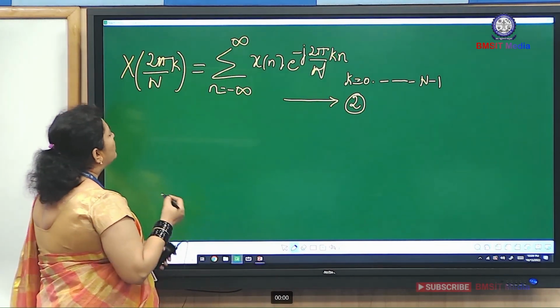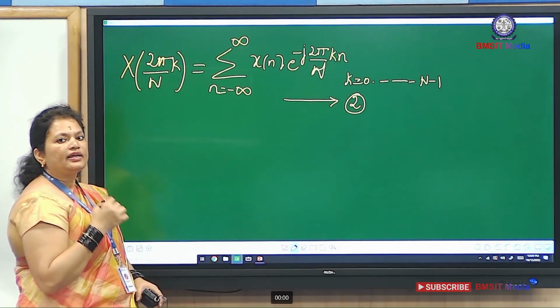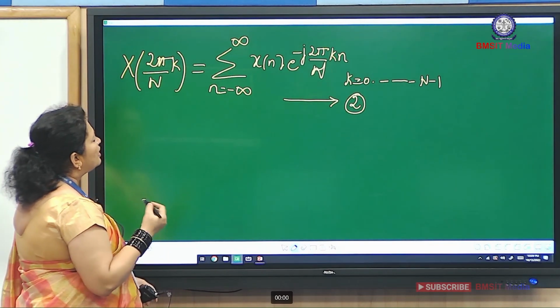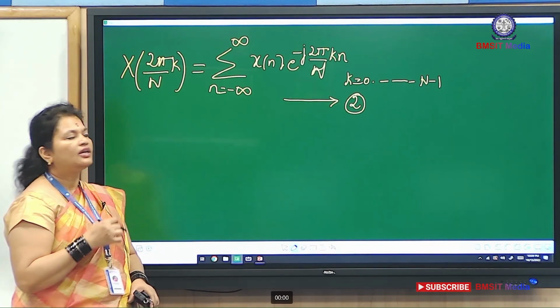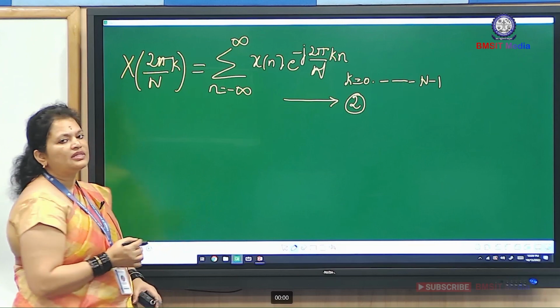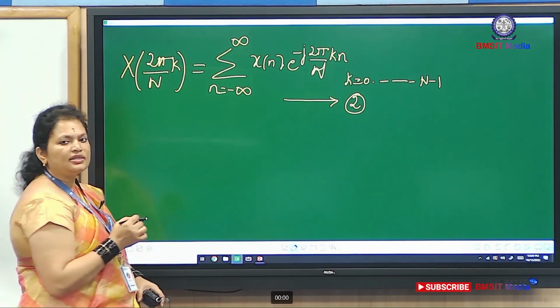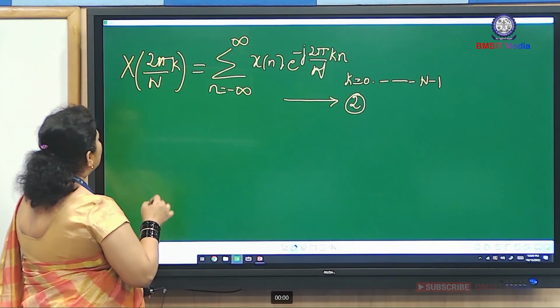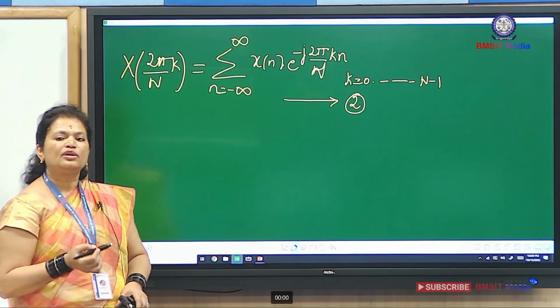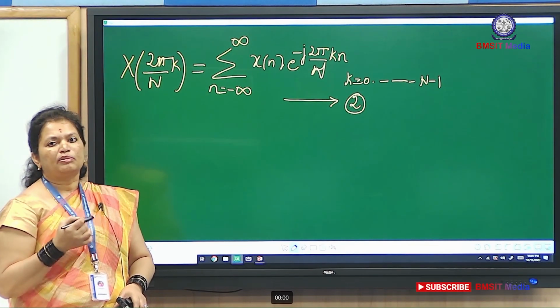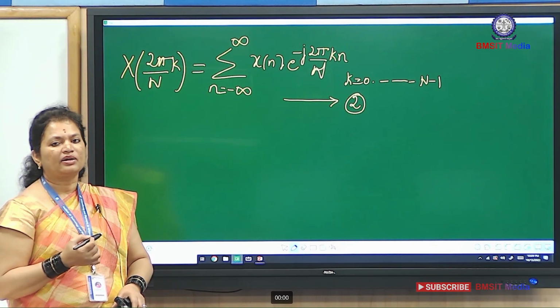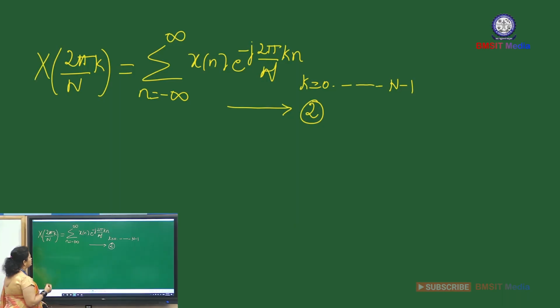So we have transformed X of omega, which was a continuous function of frequency, into discrete frequency samples by applying sampling. Now after obtaining these discrete frequency samples, we have to reconstruct back, that is, we have to get back our x of n. Okay, let us do that.